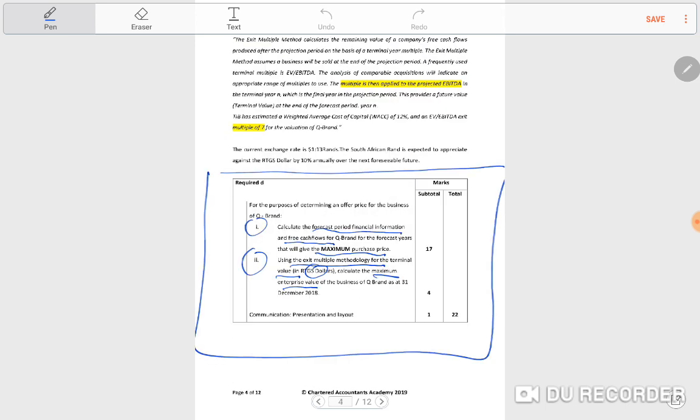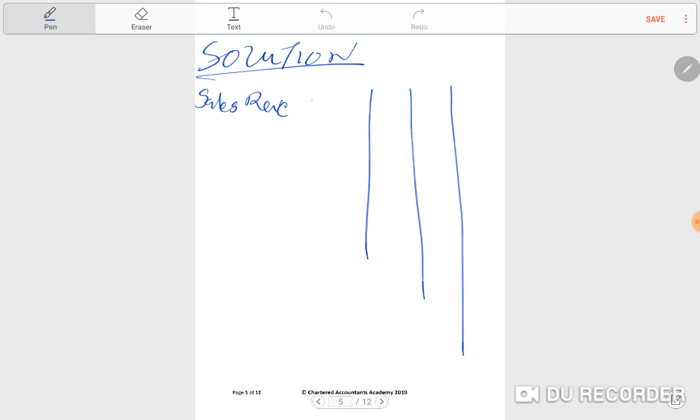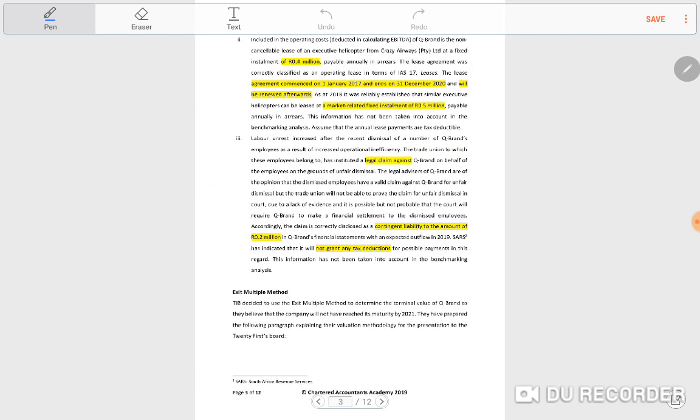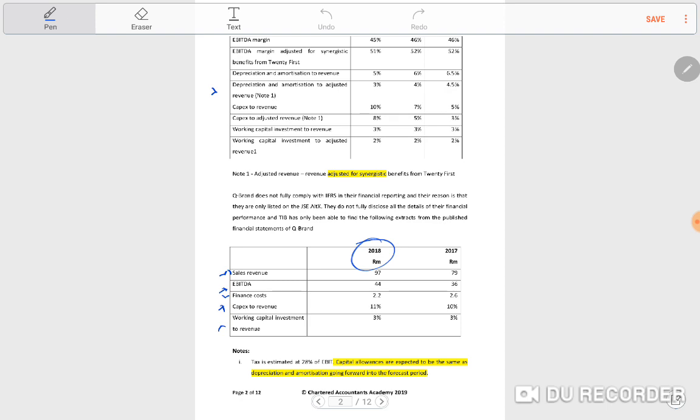So we have 2018 here as our base year, then we have 2019, we have 2020, and we have 2021. These are our what? Our forecast years. So on the sales revenue, we're told that for 2018 it was 97.